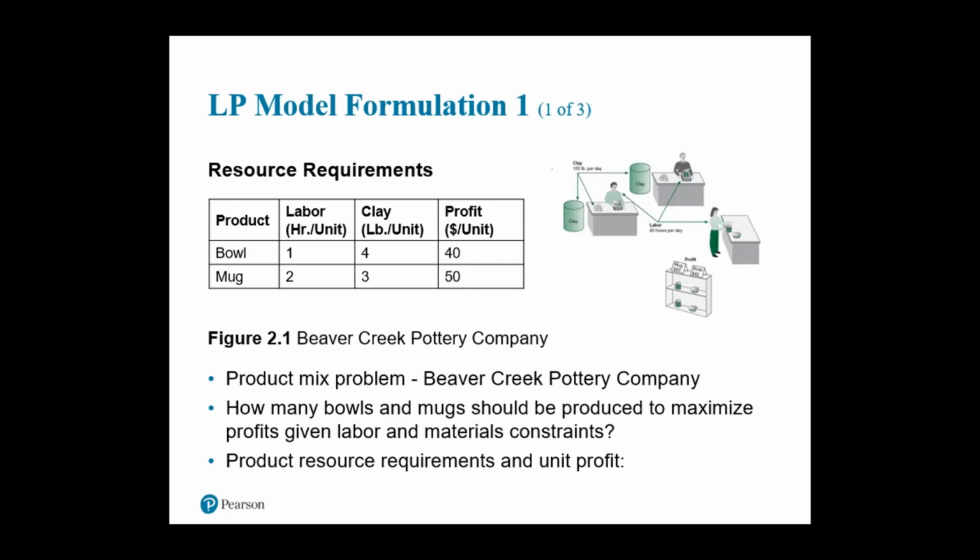But you want the combination of the 2 that will help you to maximize profit. And that is what this problem is about. So the question that Beaver Creek is asking is, how many bowls and mugs should be produced in order to maximize profits, given labor and materials constraints?